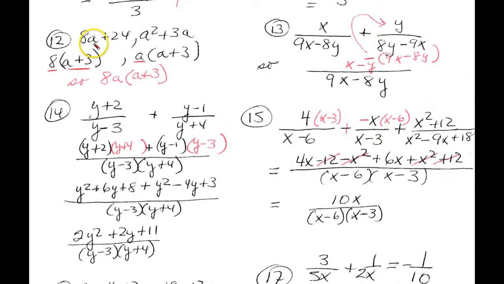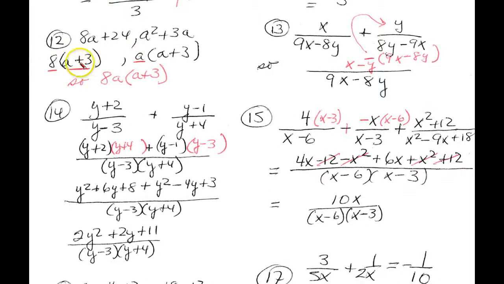Well, we factor this to this. We factor this to this. Now the rule for the greatest common factor is the greatest number of times a factor is used in any one factorization. So here we have an 8. It's only used once.